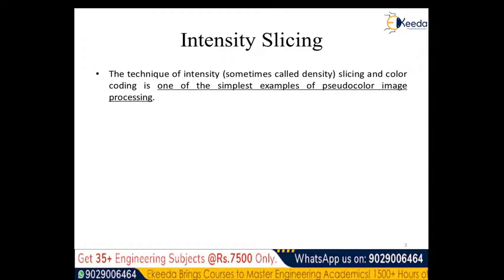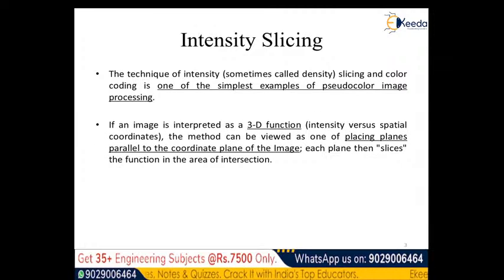It is somewhat three-dimensional information when we stack together all the different frequency bands that the sensor has individually sensed, and the complete information we can visualize after combining all those particular image acquisitions. That is why we can call the image a three-dimensional function, and the method can be viewed as placing planes parallel to the coordinate planes of the image. Each plane will have a slice for the associated function.